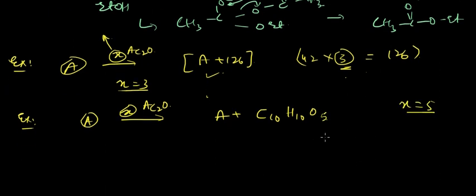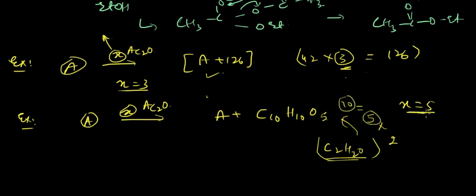Because if a single mole of alcohol reacted with a single mole of anhydride, the molecular formula would have increased by C2H2O, and it would have formed the acetyl group. In this case C10H10O5 is there, so we multiply 2 by 5 to get 10. So X is 5.